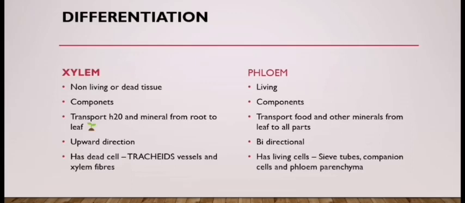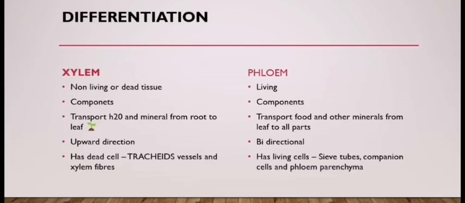The first important point: xylem is a non-living or dead tissue, and phloem is living. In the second point you will write the components. You can check the components of xylem in the previous slides: xylem fibers, xylem parenchyma, tracheids, xylem vessels, and likewise for phloem.